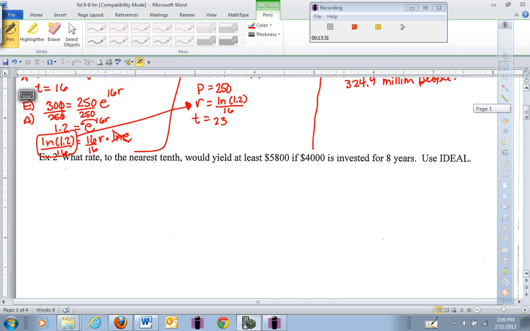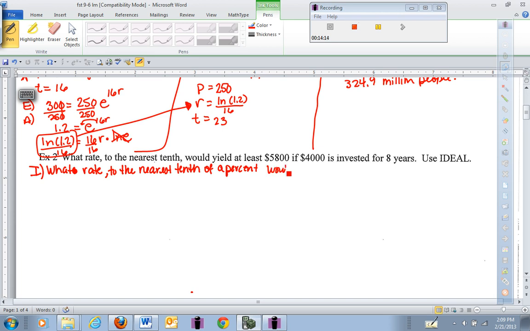Okay. Next question says, what rate to the nearest tenth would yield $5,800 if $4,000 is invested for 8 years? Use ideal. Okay, so what is it we're wanting to know? We want to know the rate to the nearest tenth, don't we? So we want to know what rate to the nearest tenth, and that would be of a percent, right?